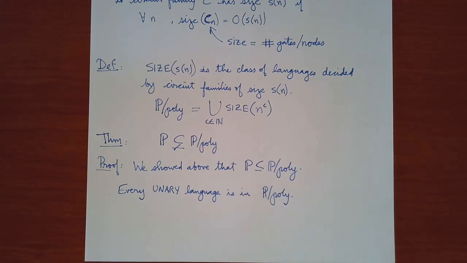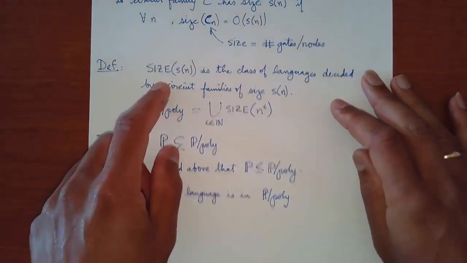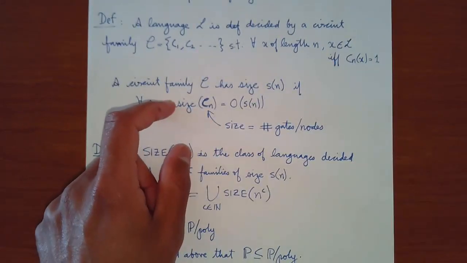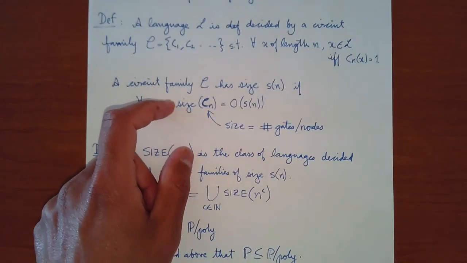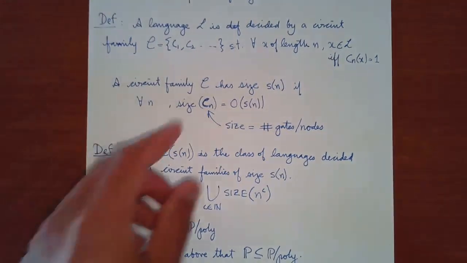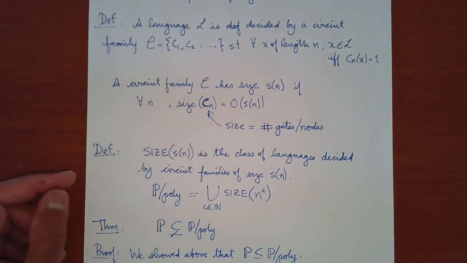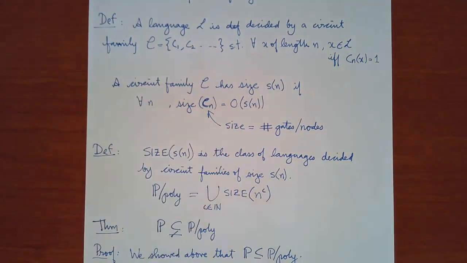But you're allowed to define a separate circuit for every size. So if 1 to the k is not in the language, then Ck just outputs 0.